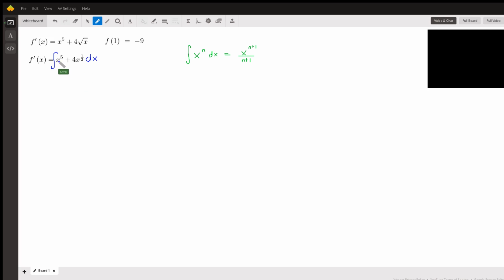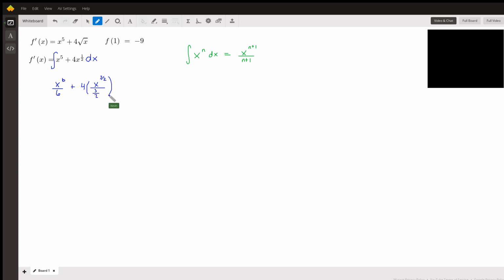When we take the antiderivative of x to the fifth, we'll add 1 to the power, make that x to the sixth, divided by 6. And then the next term, we will add 1 to the power, x to the, so 1/2 plus 1 should be 3/2. And we will divide by the power of 3/2.